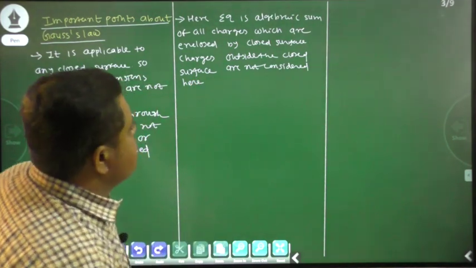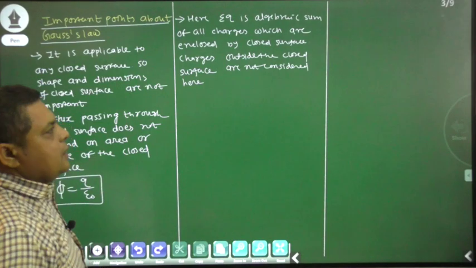Here in summation q, you don't have to consider the charges which are outside the closed surface.